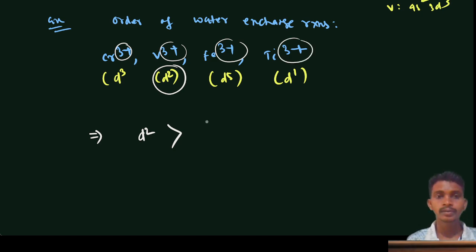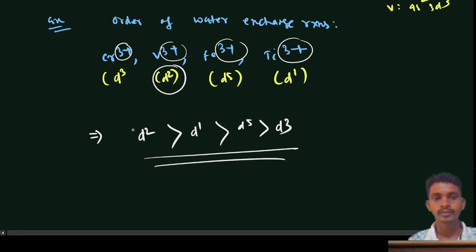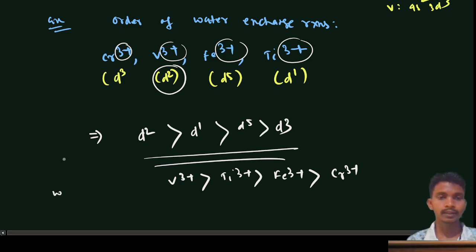First D2, then D1, then D5, then D3. That is vanadium 3 plus, then titanium 3 plus, then ferrous 3 plus, then chromium 3 plus. This is the water exchange rate order.